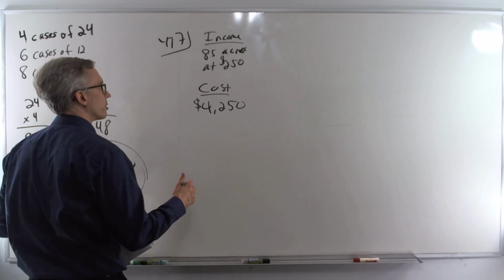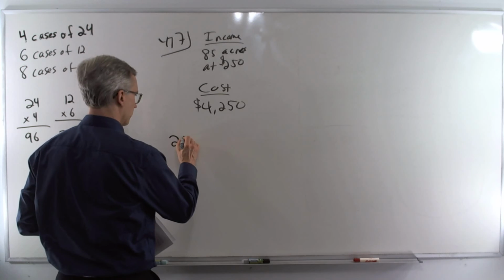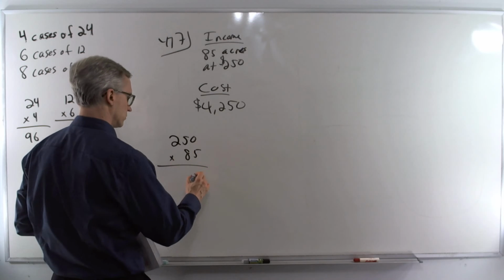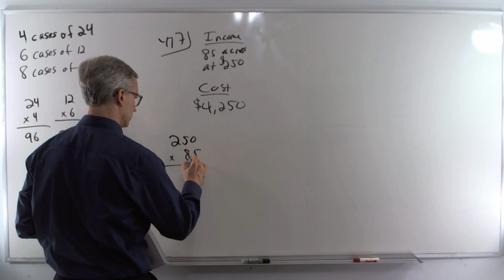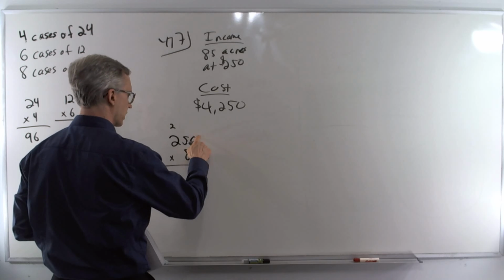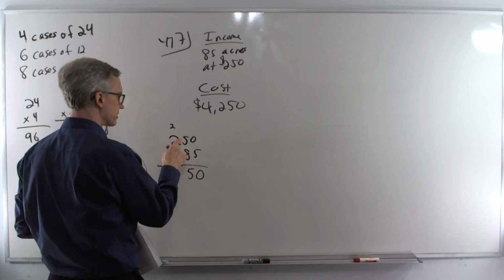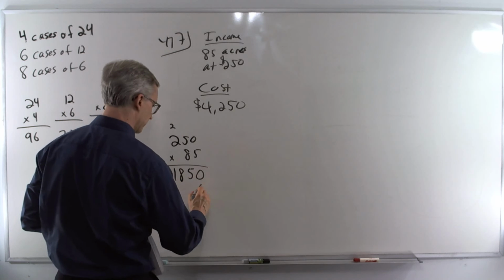So we take 250 multiplied by 85. So we got 0 times 5 is 0, 5 times 5 is 25, carry the 2, 2 times 5 is 10, plus 2 is 12.